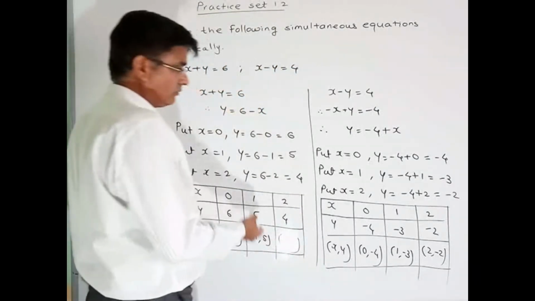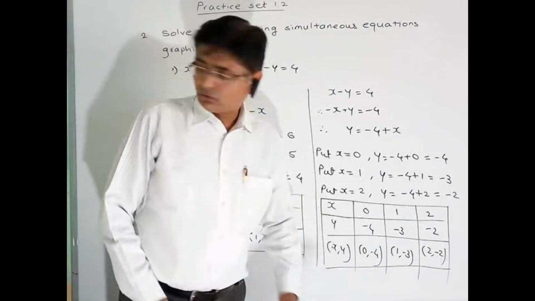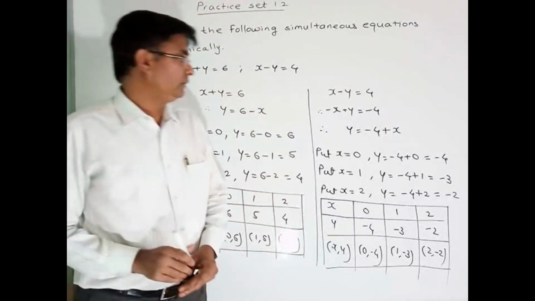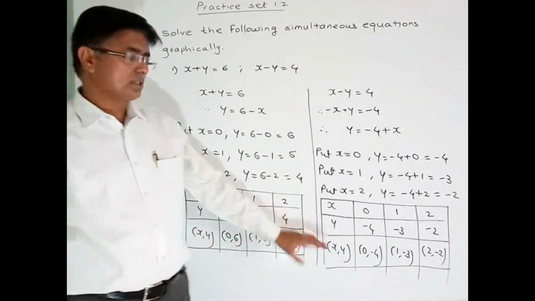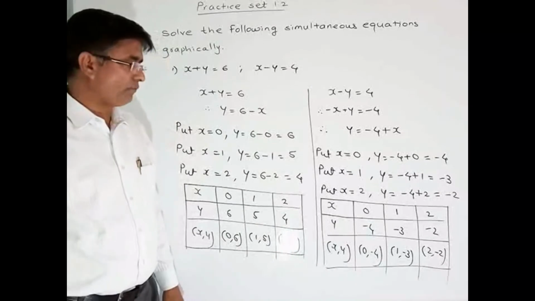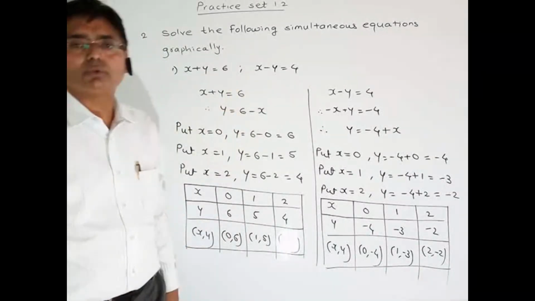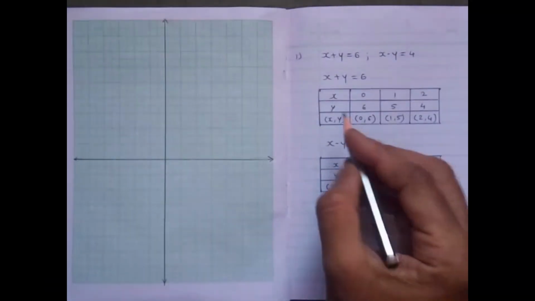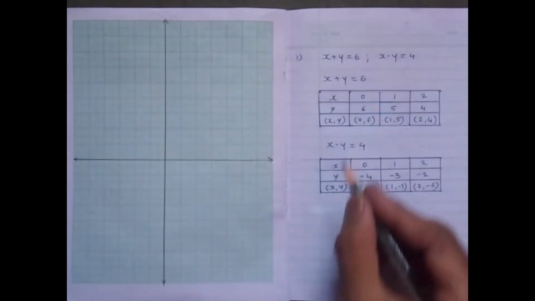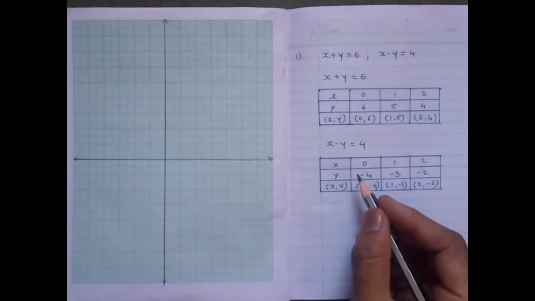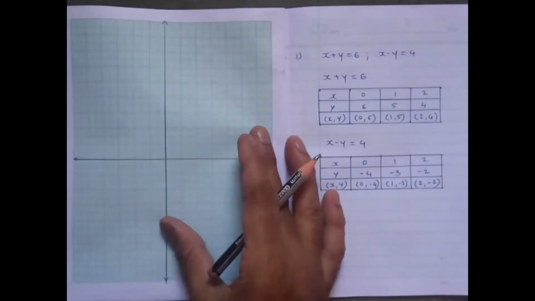In this way we got the two tables, and then we'll plot the points on the graph paper, and then we'll find the solution of these two equations. So this is the first table and this is the second table. So we'll draw the graph on the graph paper.